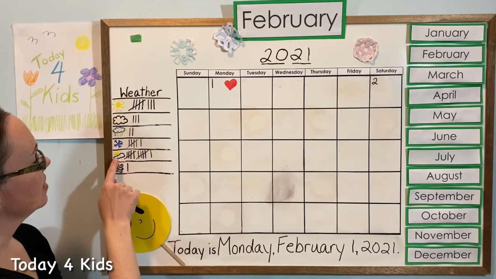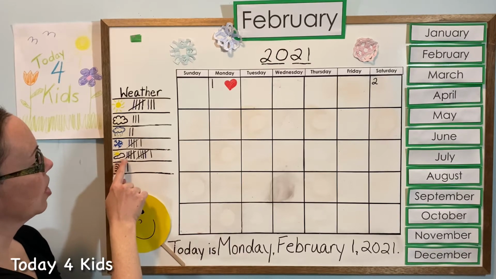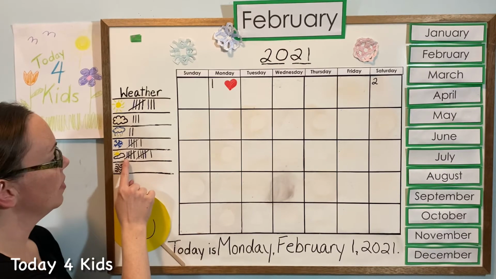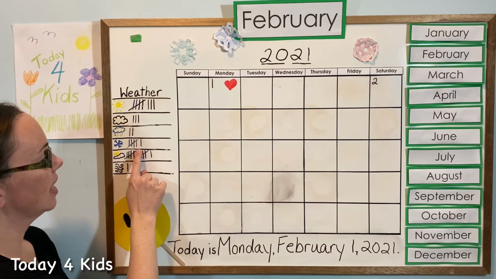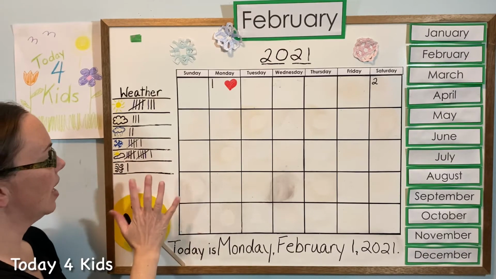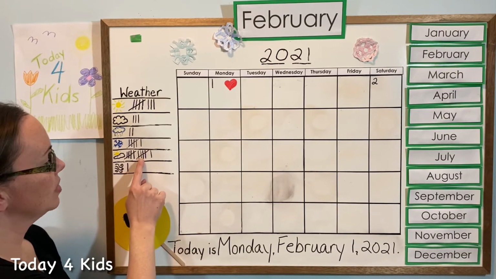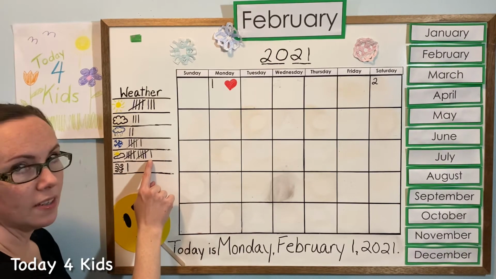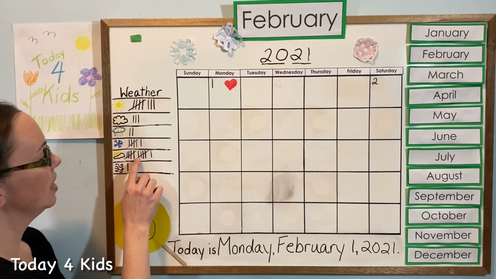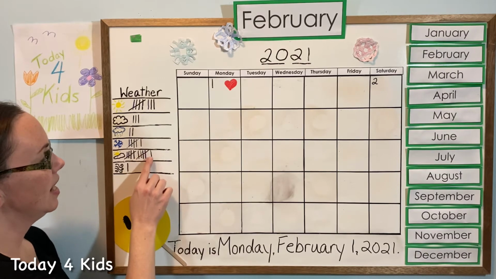I think it's the sunny and partly cloudy. We have 2 groups of 5, right? When we have 4 tally marks and a tally mark that's on a diagonal slash, that means 5. So 5 plus 5 plus 1, let's count them up and see if your guess is right. 1, 2, 3, 4, 5, 6, 7, 8, 9, 10, 11.